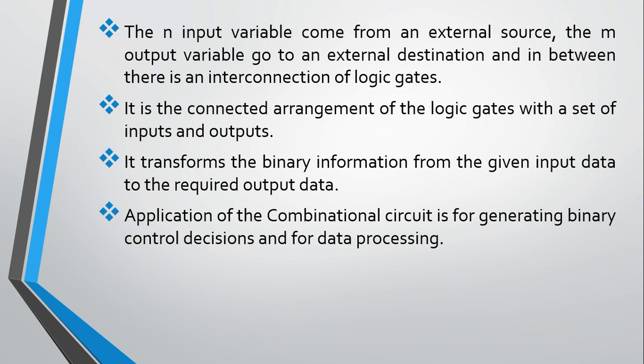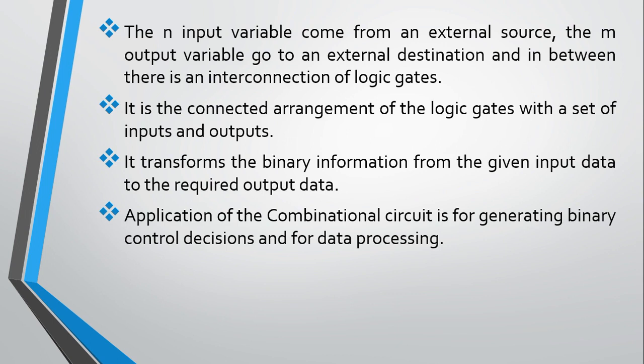Now see, the data would be in the form of binary. So there is binary information from the given input data and to the required output data. Required output data means whatever output we want to produce, that is our requirement, right? So based on your requirement it will produce output.